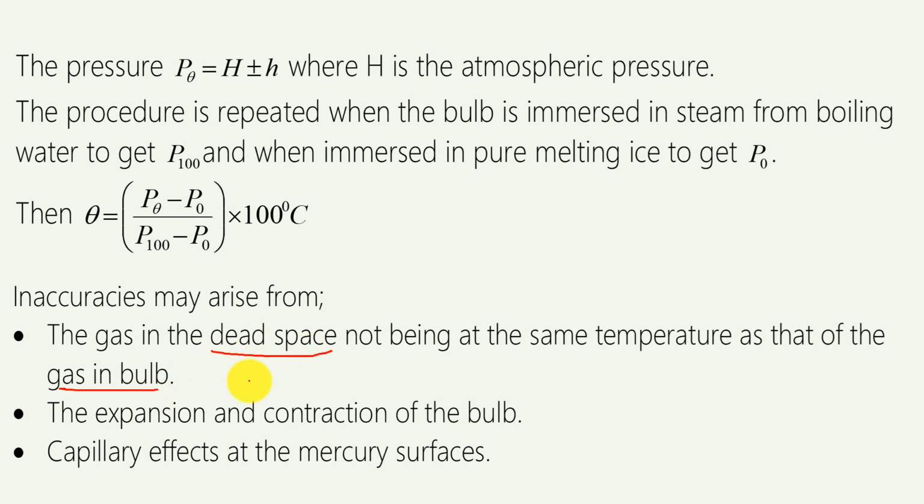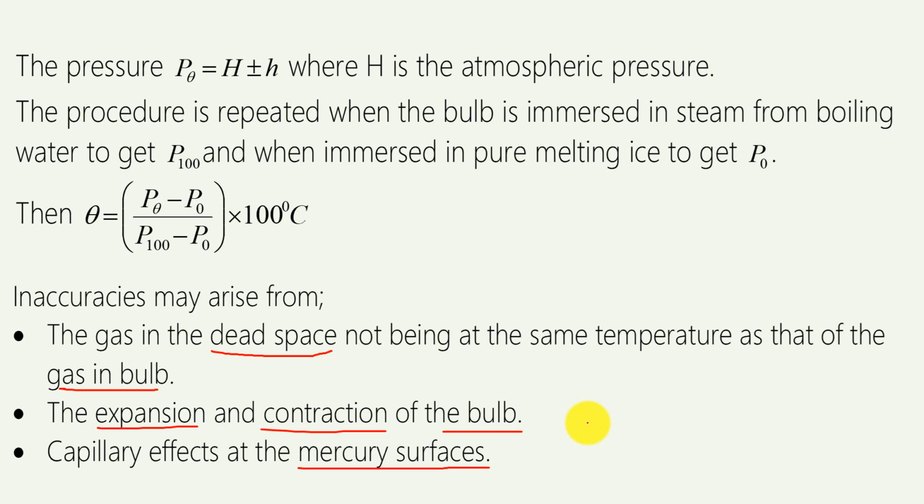So that may be a source of error. Number two, the glass bulb, being glass, can expand and contract. So the expansion and contraction of the bulb. And number three, capillary effects at the mercury surfaces. You know that mercury undergoes capillary depressions. So those are the three sources of error that may arise.